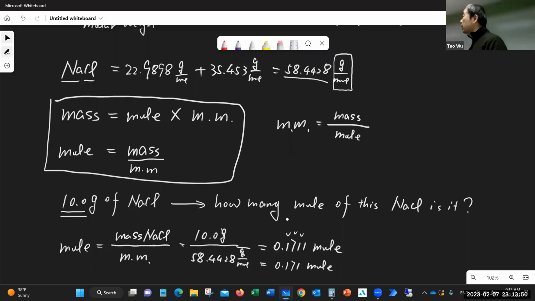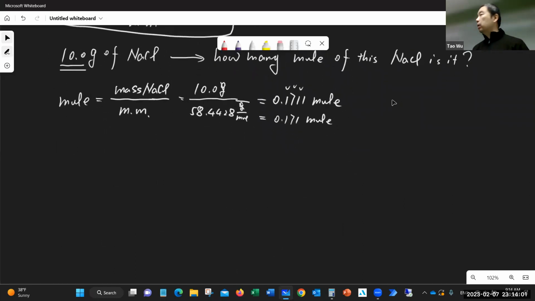That's it. So mole is mass over molar mass. This is a very, very common situation because we like to use mole to do the calculation in the chemistry lab. But obviously, we cannot measure how many moles of those things directly.